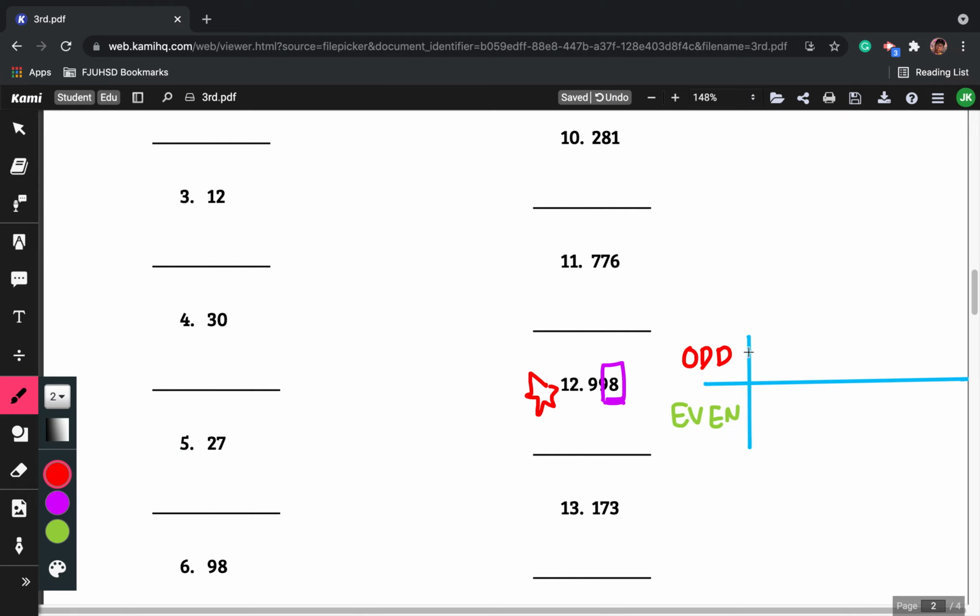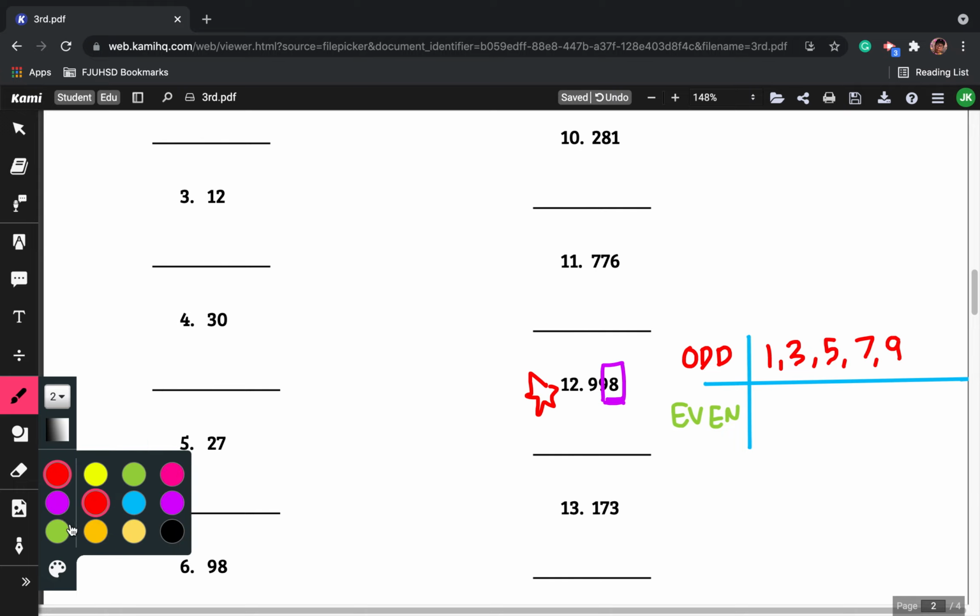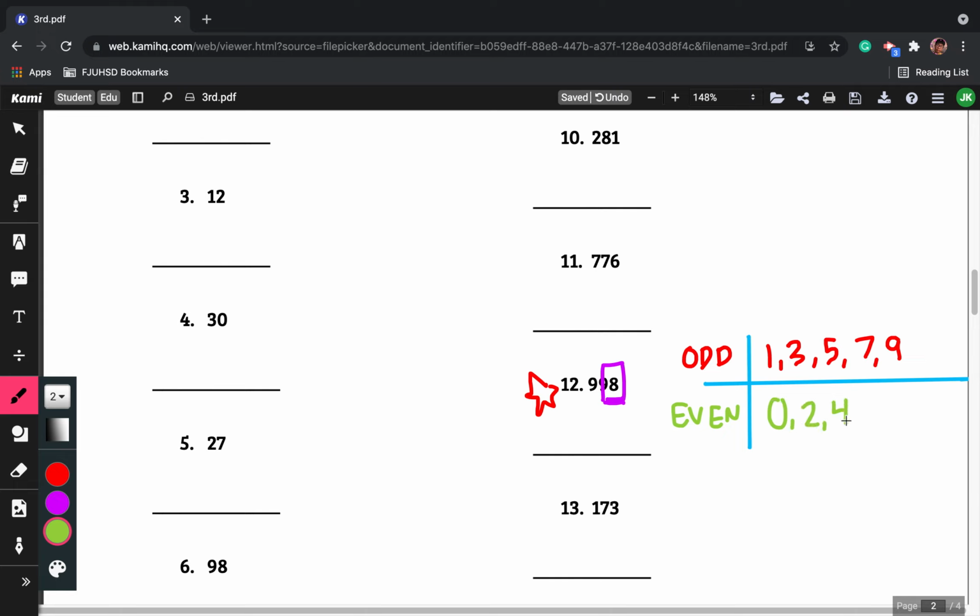Odd numbers end with 1, 3, 5, 7, 9, and even numbers end with 0, 2, 4, 6, 8. And notice how each of these numbers is added by 2.